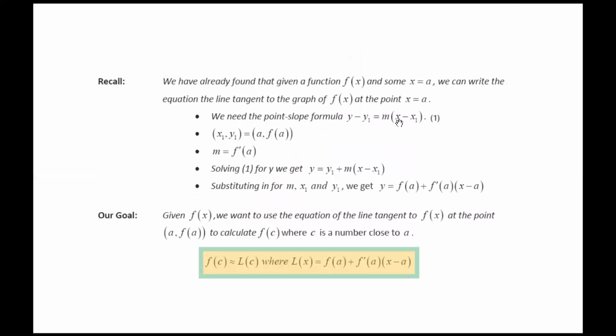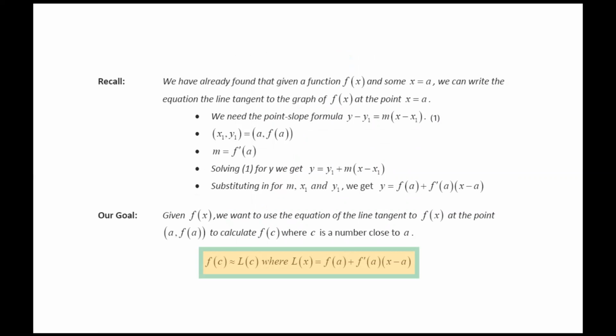Now, this is just a rehash of what we've said earlier in the course about how to write the equation of a line tangent to a graph. If you're given a function f of x and some point, x equals a, and you're asked to write the equation of the line tangent to f of x at x equals a, what do you do?